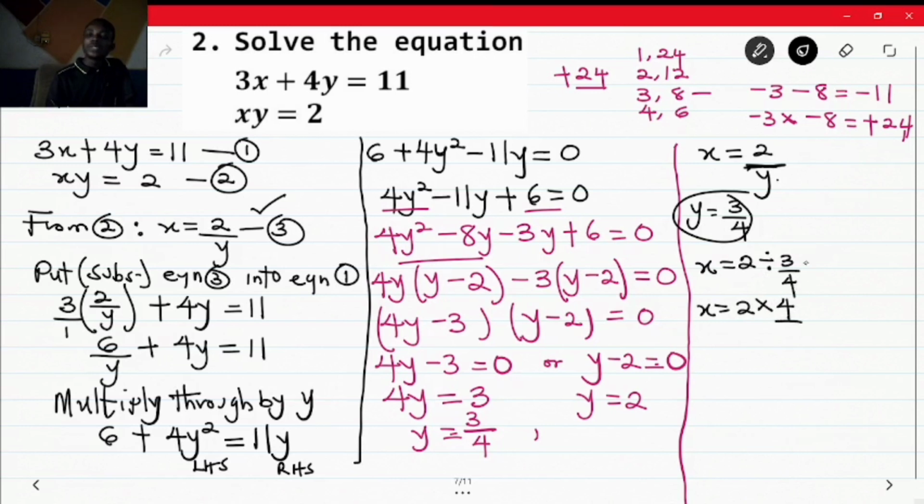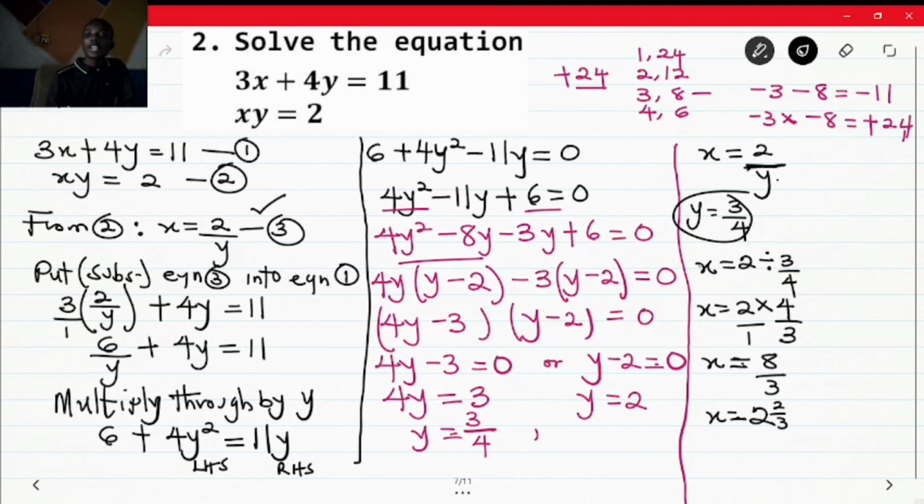We put the denominator as the numerator. So 2 times 4 over 3, and I can't cancel out, even though here is 1. So x equals to 8 over 3, and x equals to two whole number 2/3. 3 in 8, 2, remainder 2.